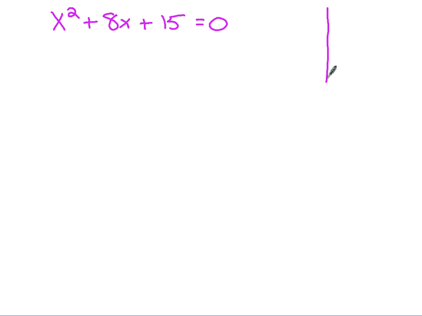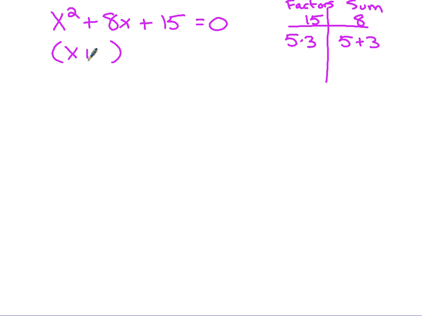So if you recall from before, we said, okay, well, we want the factors for 15, you know, this guy, and we want a sum of 8. So in other words, what could you multiply to get 15, where if you added it, you'd get 8? My guess would be 5 times 3, because 5 plus 3 would equal 8. So then you just write your two binomials, x plus 5, x plus 3.